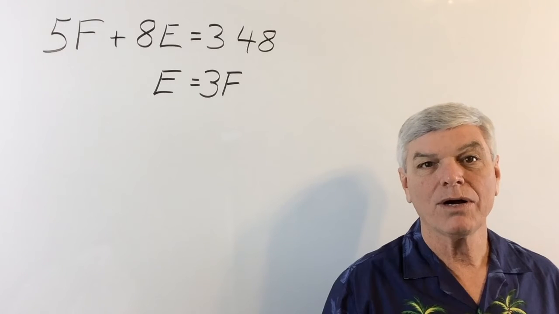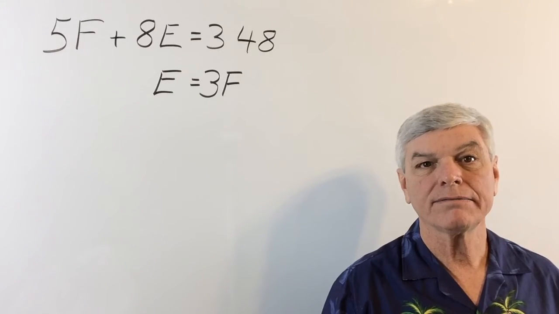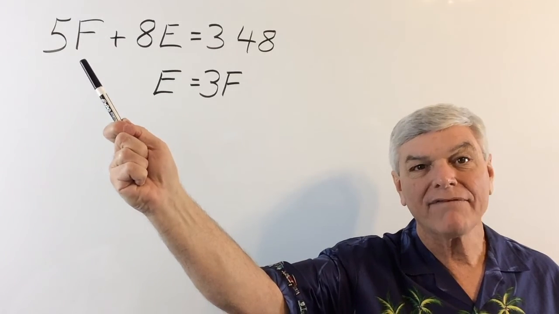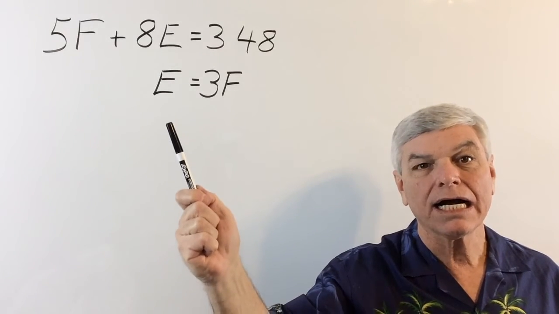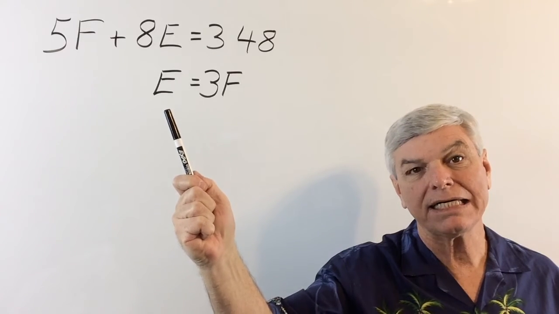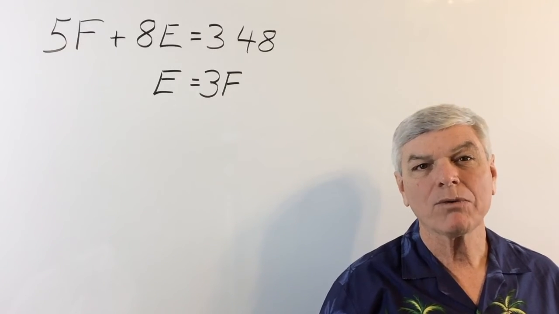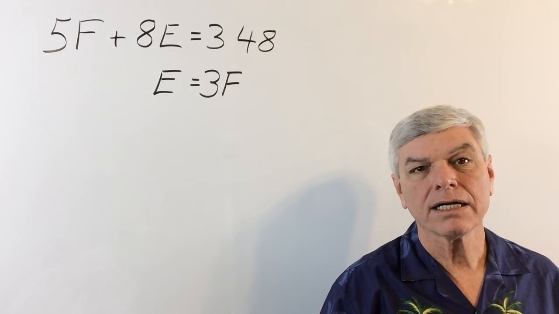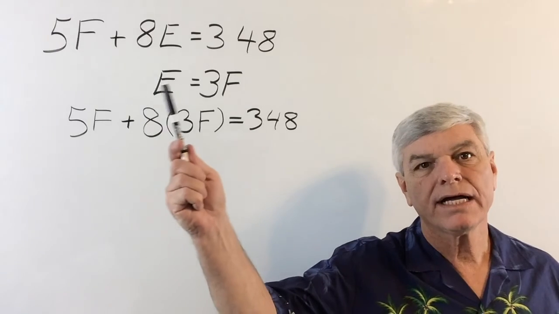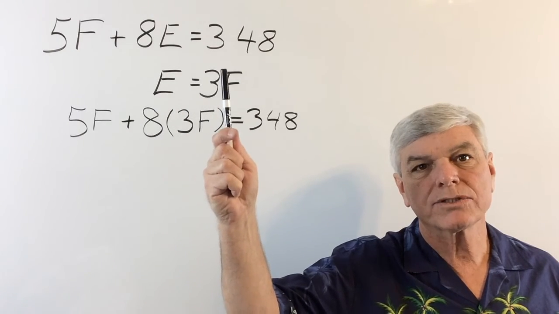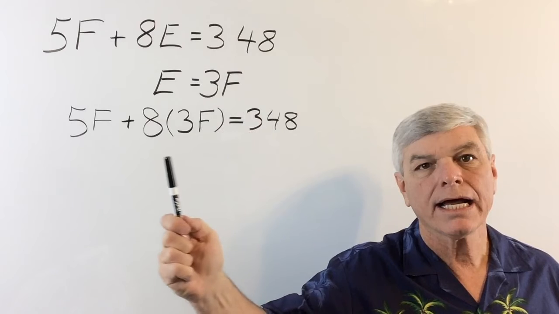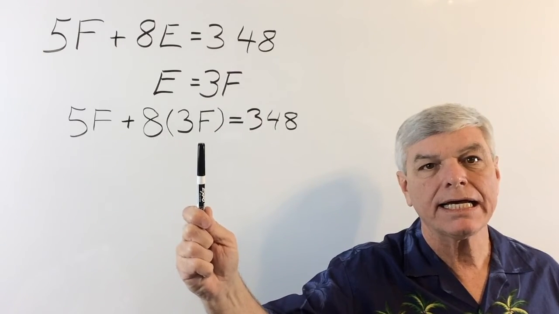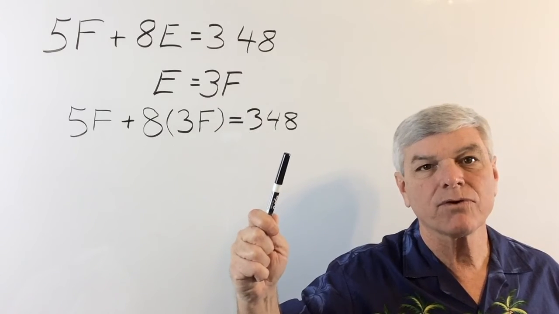We don't know what E is up here. We don't know what F is there. But we do know what E is here. E equals 3F. So why don't we insert this value up here? So 5F plus 8E equals 348.